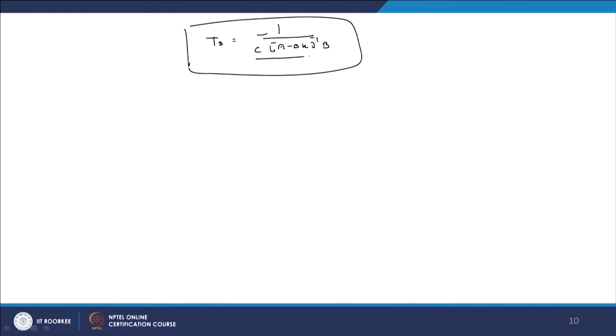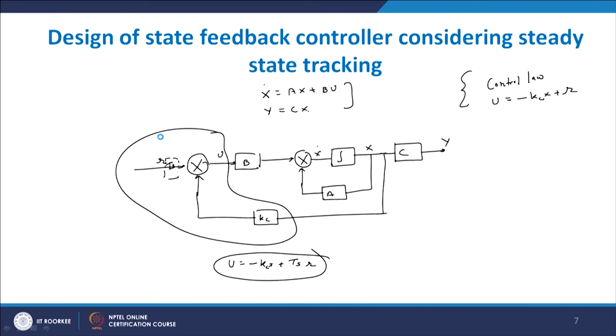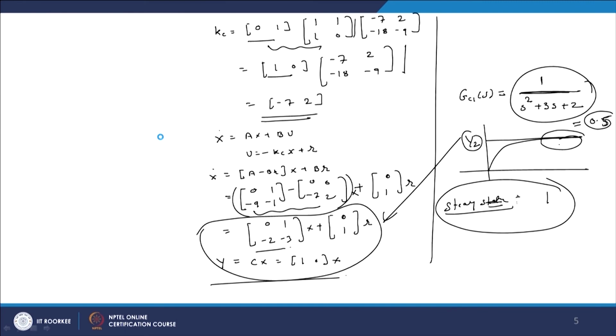Now we calculate these factors, that is C (A minus Bk) inverse into B. Earlier, A minus Bk was [0 1; minus 2 minus 3].